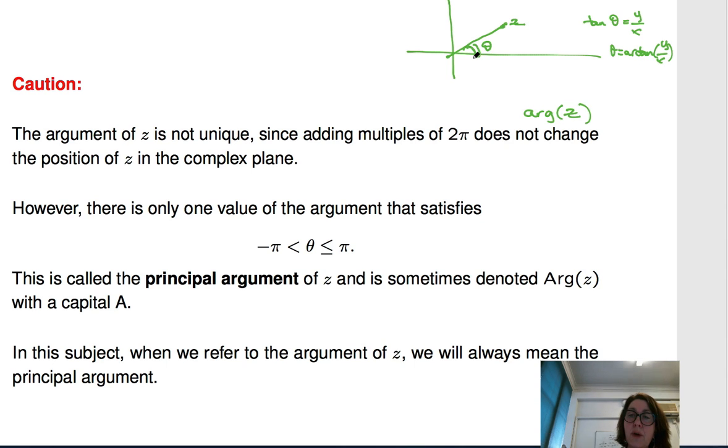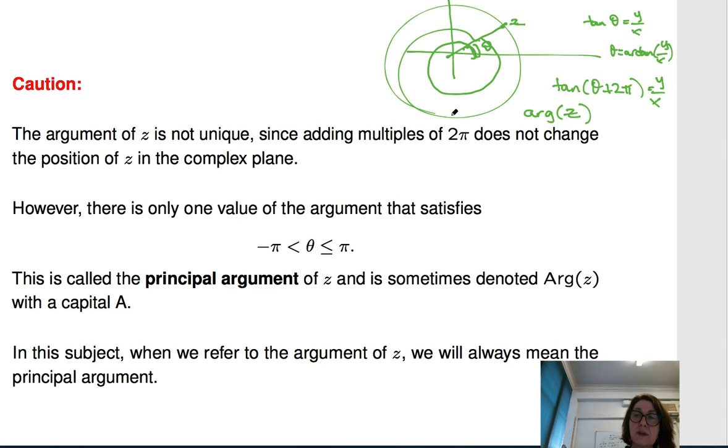But I can also go all the way around to pi and then a little bit more. So if I were to go all the way around through theta and then an extra 2 pi and come back to that line segment, then tan of theta plus 2 pi would give me the same y on x. So we have to be a little bit careful. We could actually go around as many times as we liked and we'd still get the same answer. So we need to be careful that we don't write down things that are going to confuse us all.